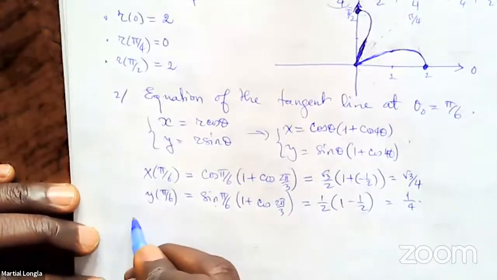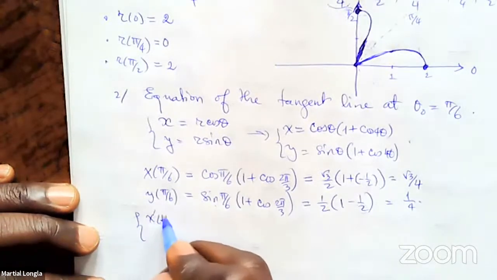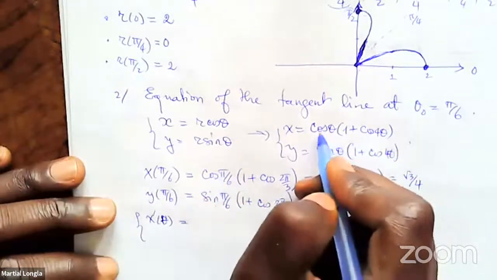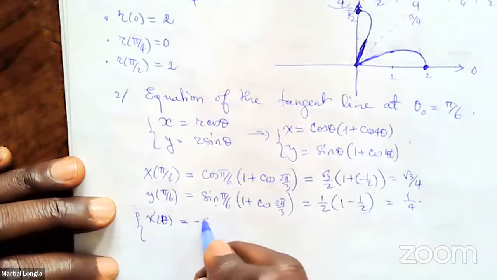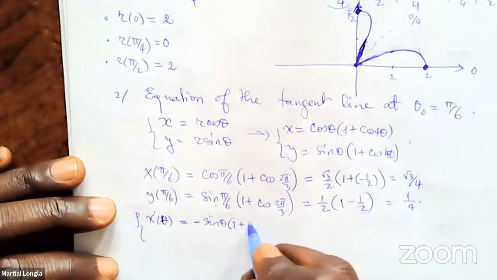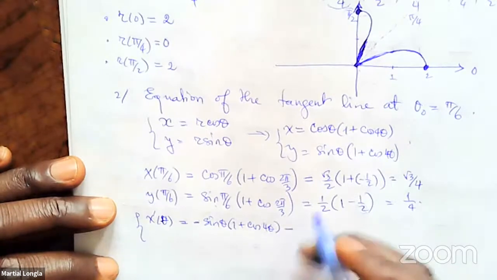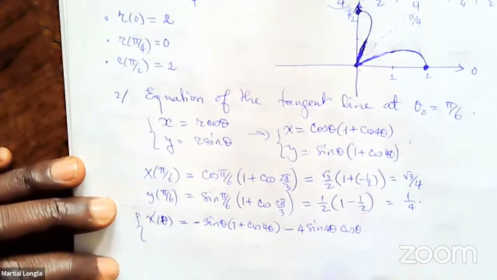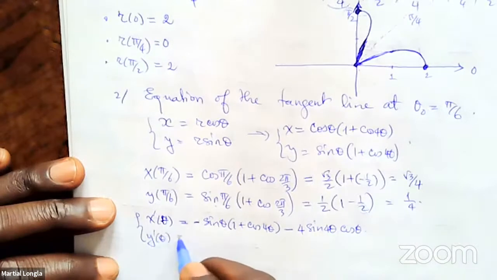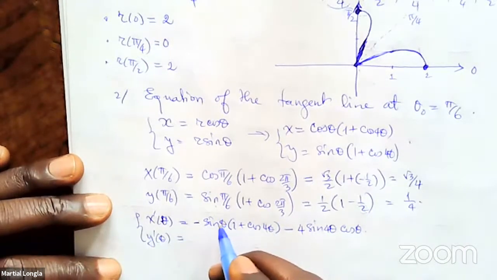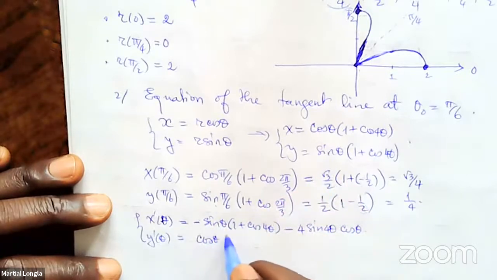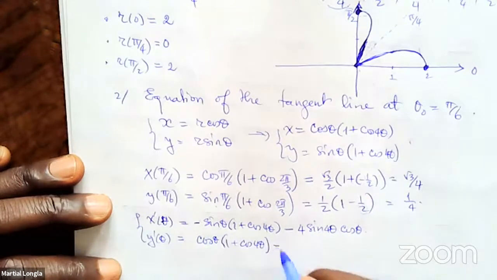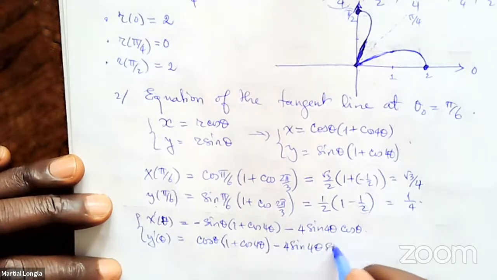And then you gotta find x prime as well. The derivative is going to be minus sine theta times 1 plus cosine 4 theta minus 4 sine 4 theta cosine theta. y prime of theta equals cosine theta times 1 plus cosine 4 theta minus 4 sine 4 theta sine theta.